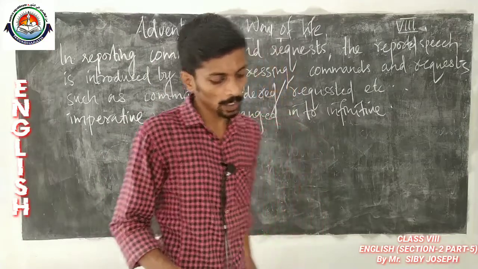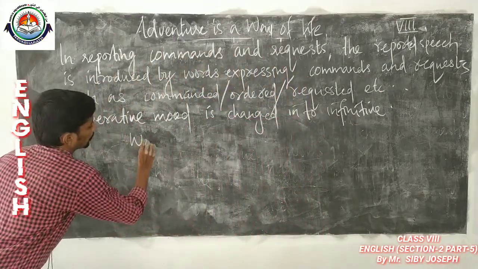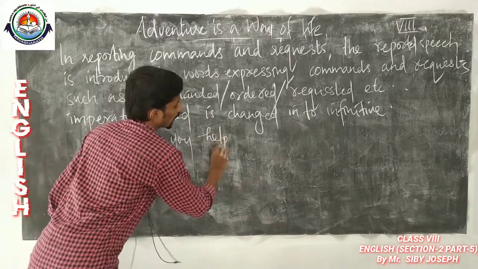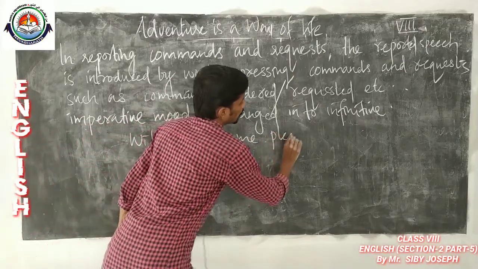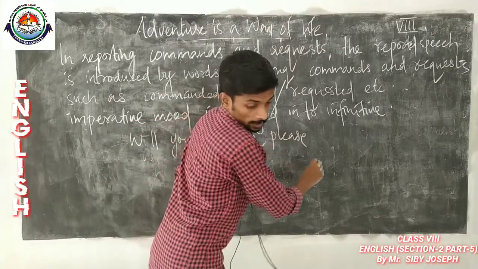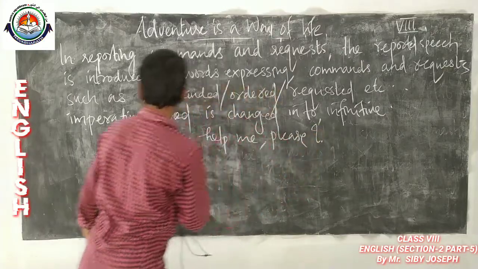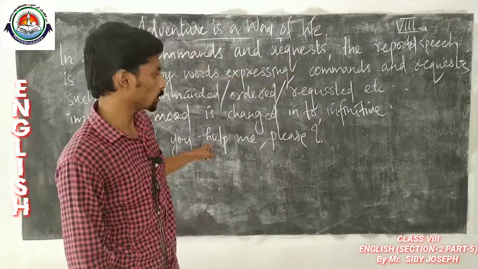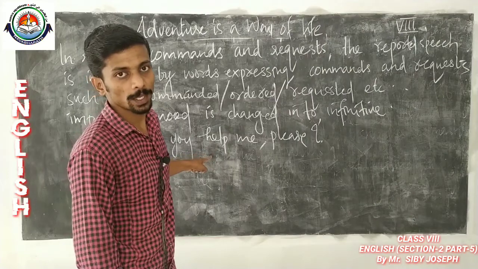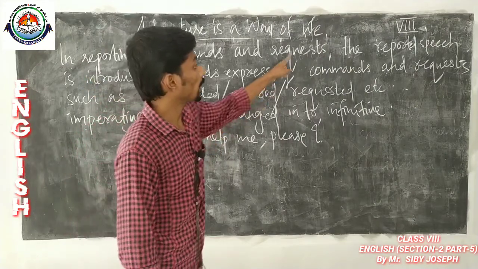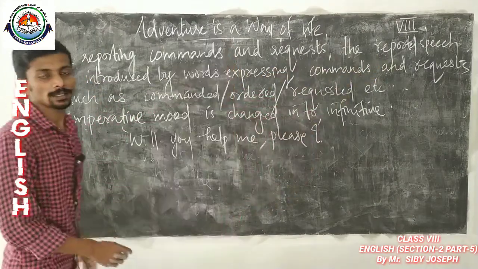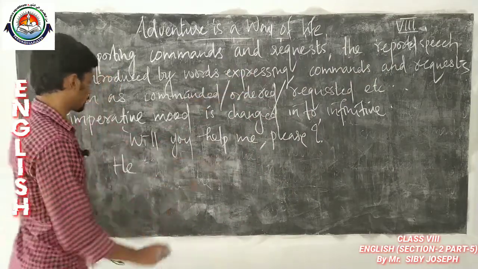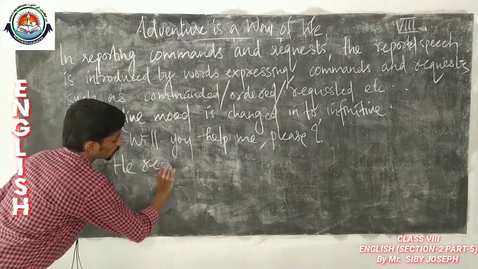Look at the first example. "Will you help me, please?" This is actually a request. The reported speech should be introduced by a requesting word. Then the sentence will be: he, then the word expressing request, requested.